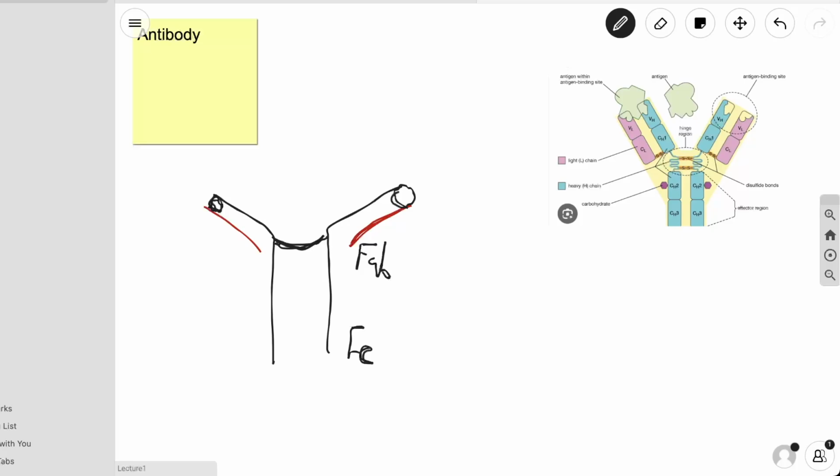And I stated earlier that we have this upper region that consists of the heavy chain and the light chain. We call it the FAB region. And the down area, we call it the FC region.